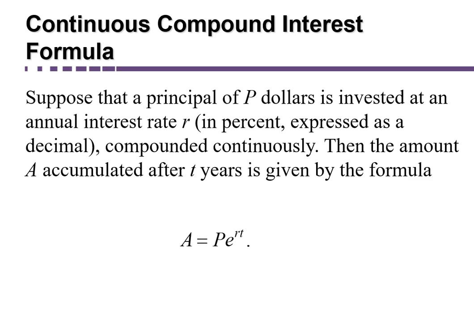So the formula for this would be A, your future amount, is equal to the principal times E, but now E is raised to the rate times the year.